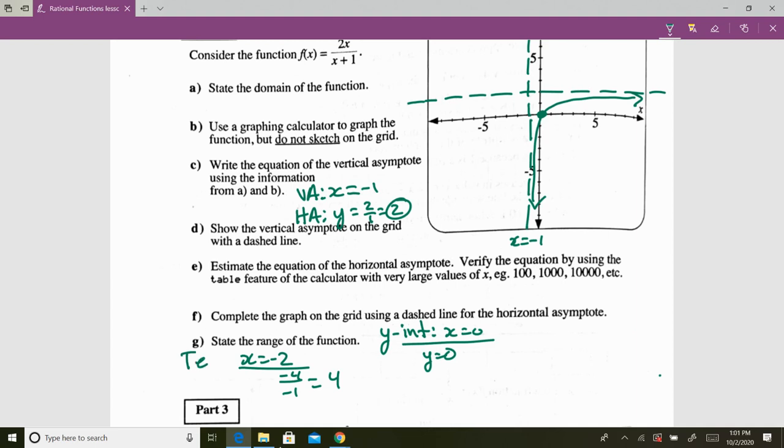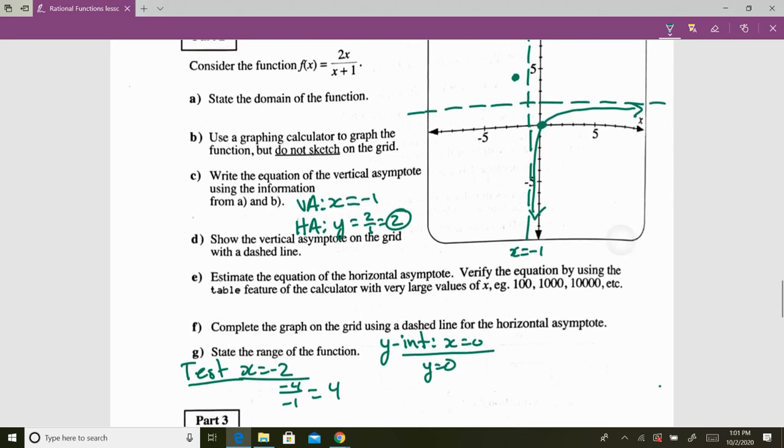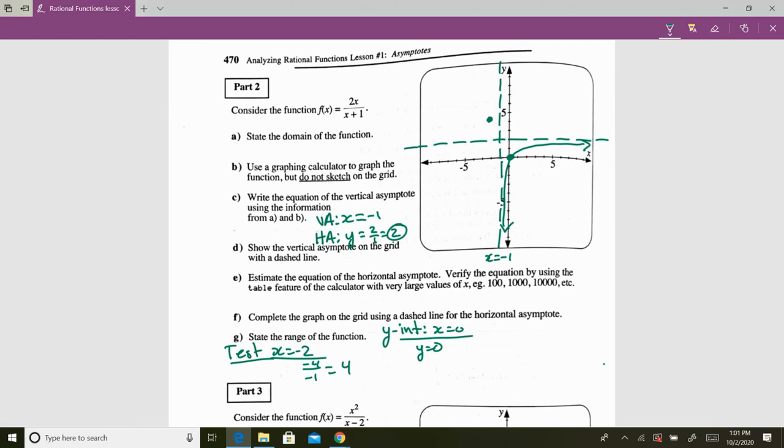So I'll just say test. So at -2, we get a value of 4. So we're up there. So you can't touch the asymptotes, so the graph looks like that. Is that okay? All right, we're gonna do one more and then I'll give you some practice. That's all I need, by the way. You can sketch that, I'm a happy person.